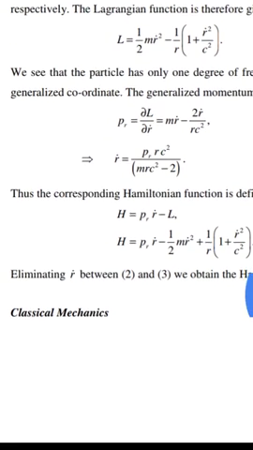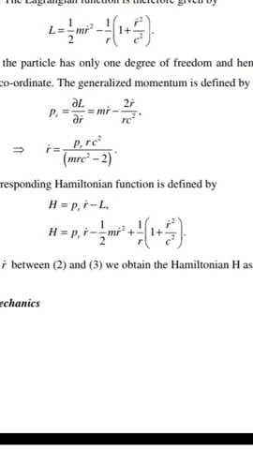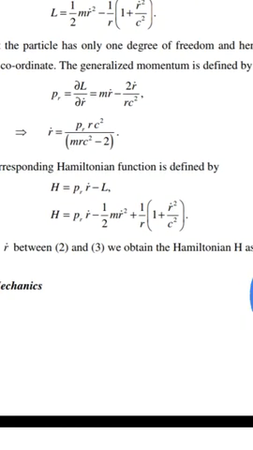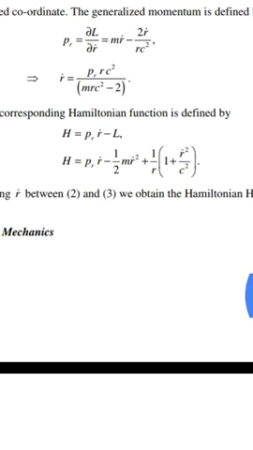Thus, the corresponding Hamiltonian function is defined by H is equal to pr r dot minus L. H is equal to pr r dot minus 1 by 2 m r dot square plus 1 by r into 1 plus r dot square divided by c square.